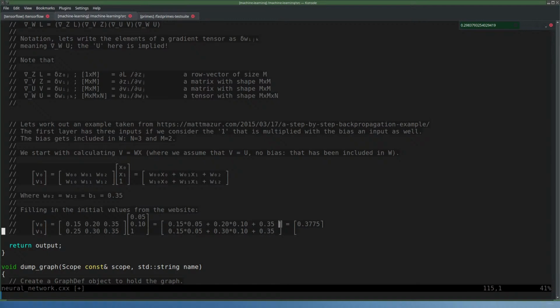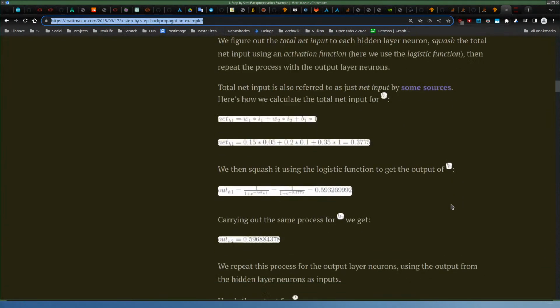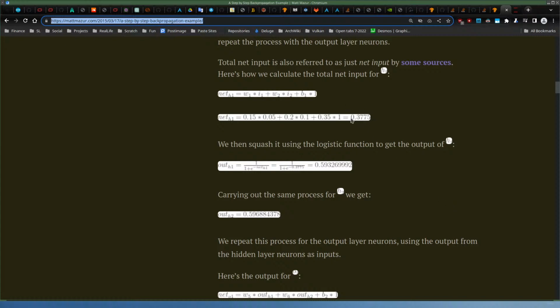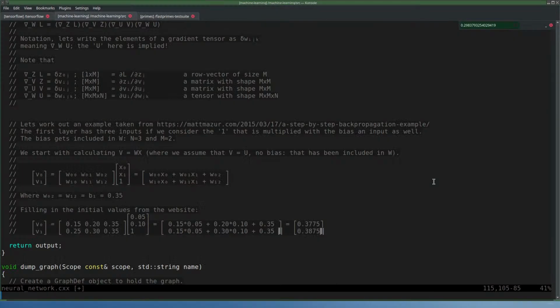So this is 0.3875. Yeah, well, you get only to see this one, but the other one is hidden. But that's what it should be.